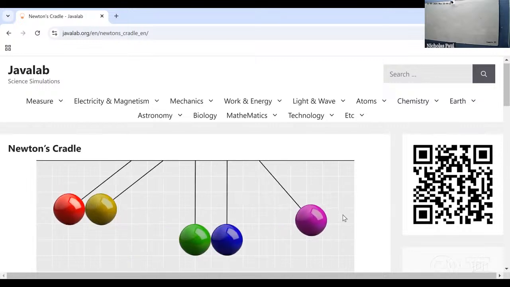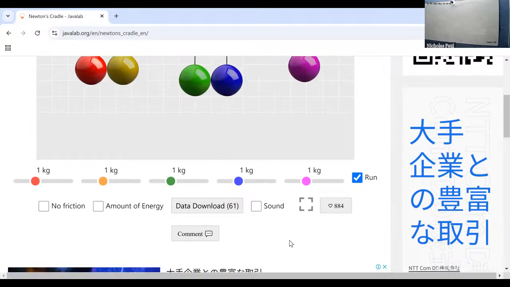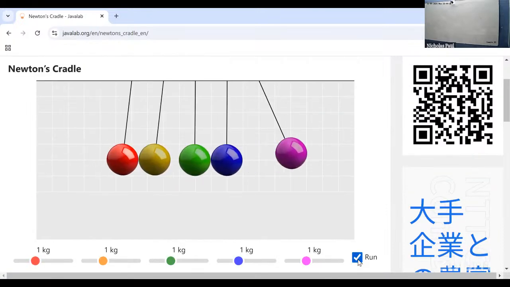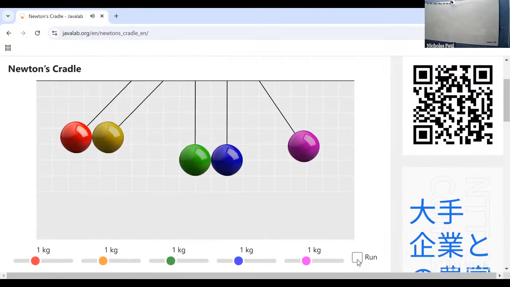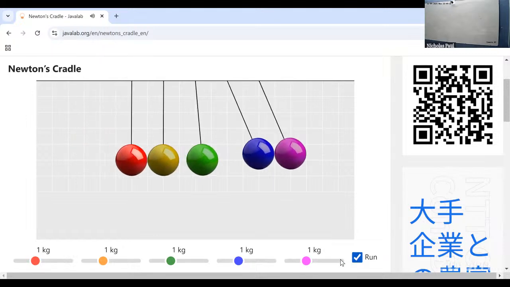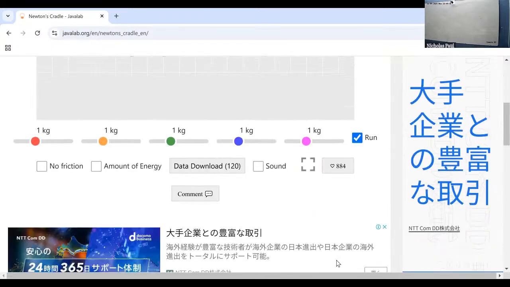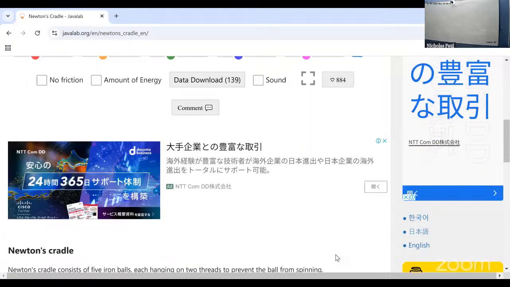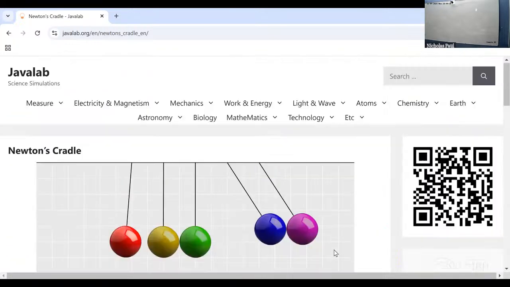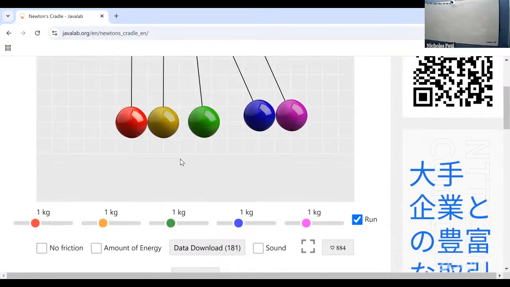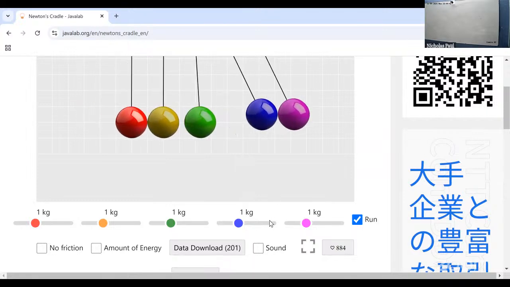I have to coordinate this. I'll pause it. To reset this thing. Huh? Let's see. Oh.